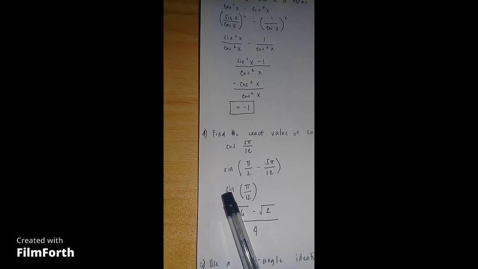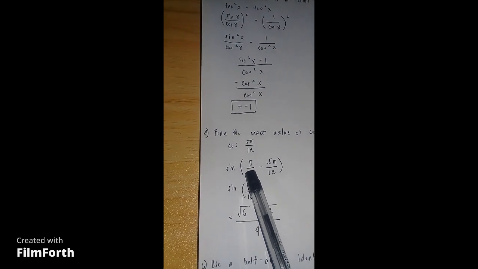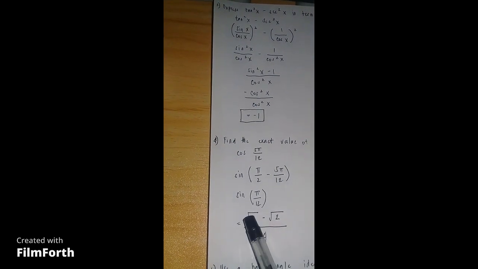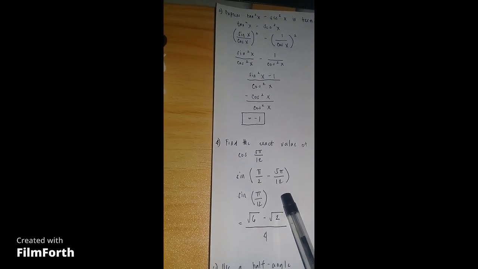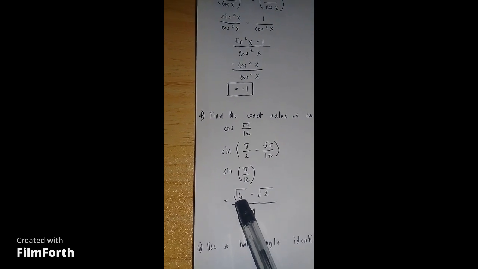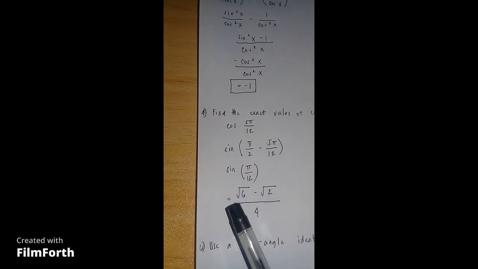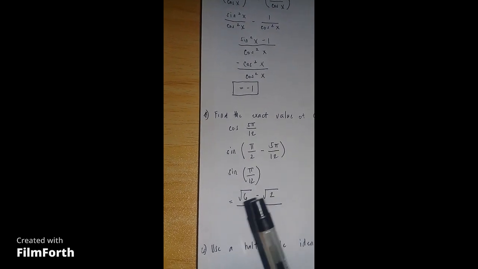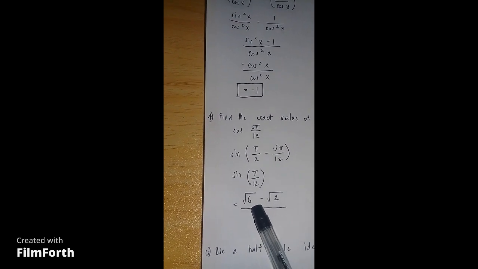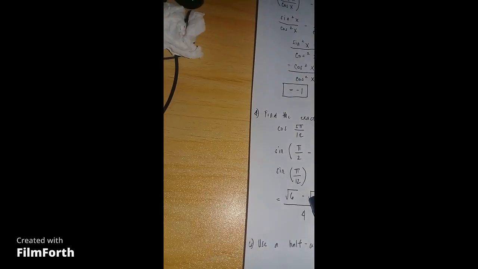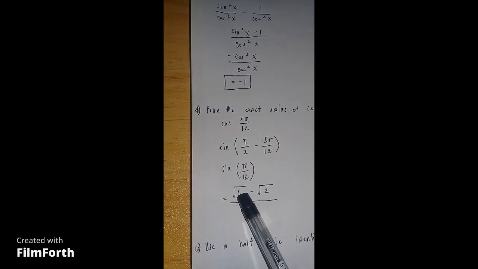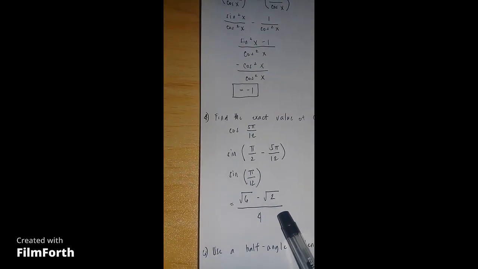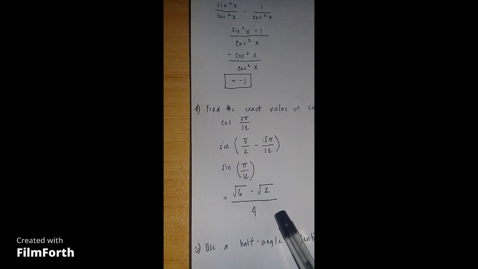So 6 minus 5 is 1, and 12, and here we just put in the square root. So we have the square root of 6 minus the square root of 2 over 4. So this is our final answer in number 4.